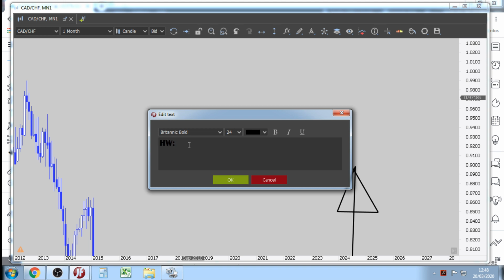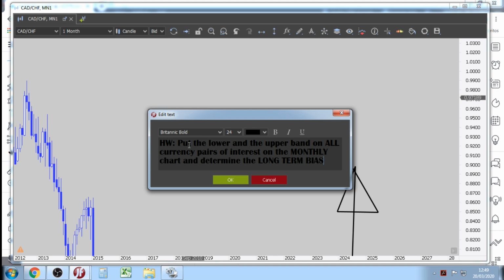Homework: put the lower and the upper band on all currency pairs of interest on the monthly chart, and determine the long term bias.